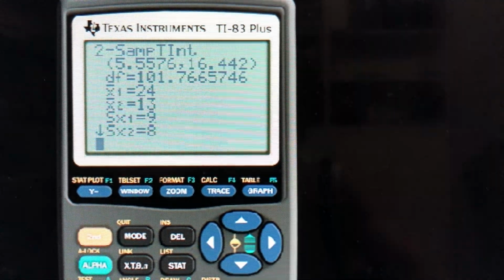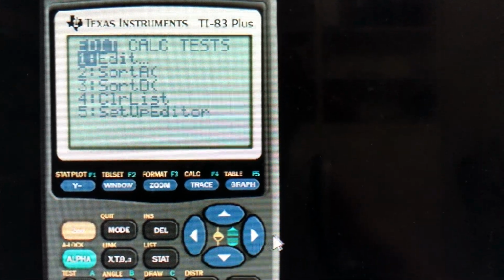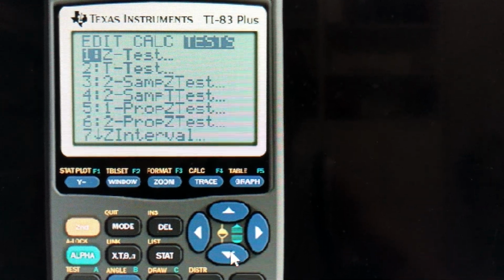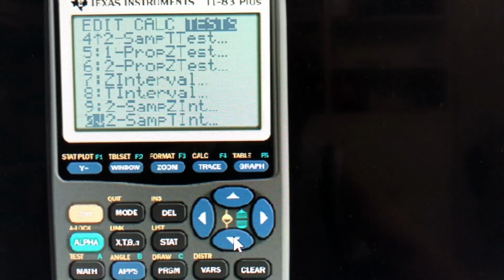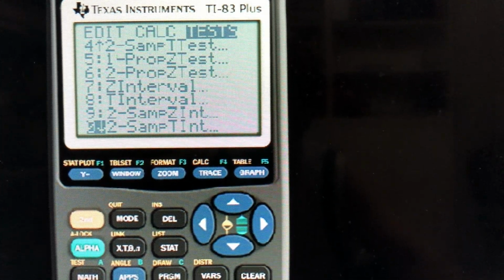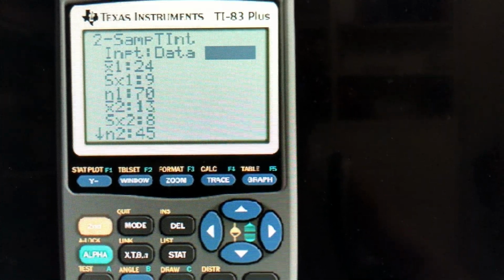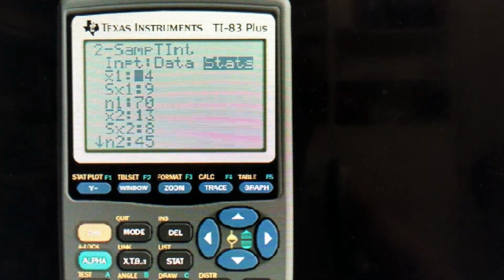2 sample t interval. Stat, tests, number, what would be 10, but they call it 0. Same deal. So there's a sample mean for the men.